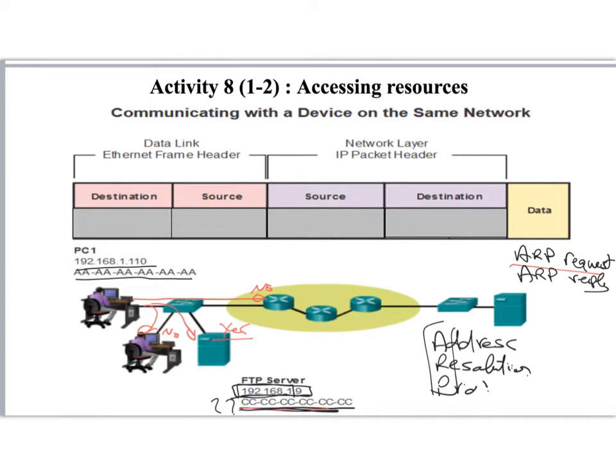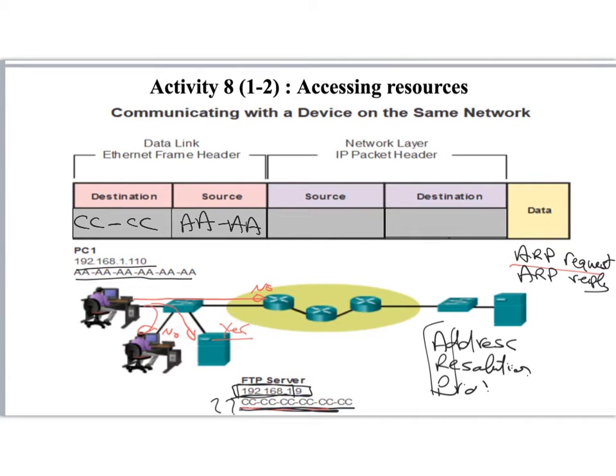So now this activity becomes very easy. So PC1 knows the physical address. It knows that it exists on the same LAN. So now, what is the destination physical address when I send the data? On the same network I'm trying to send it to the FTP server. All C's, right. What is the source physical address? A's.